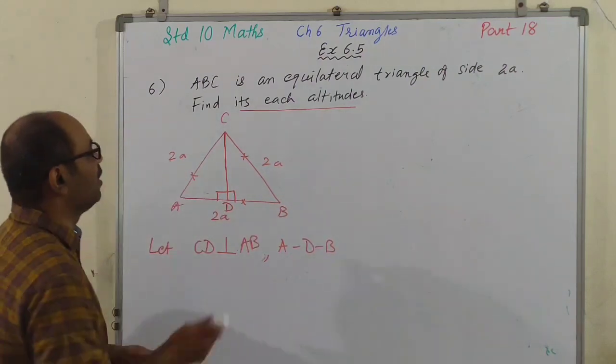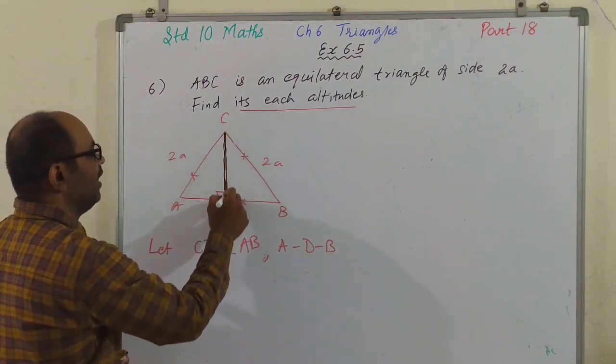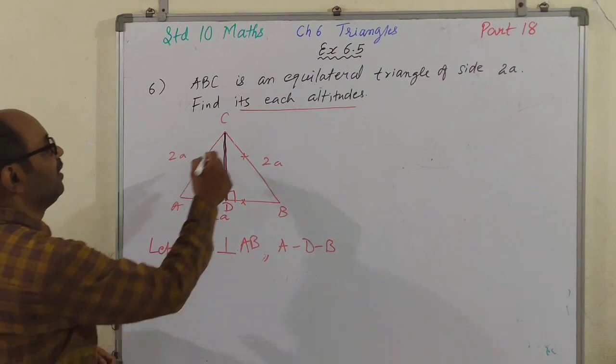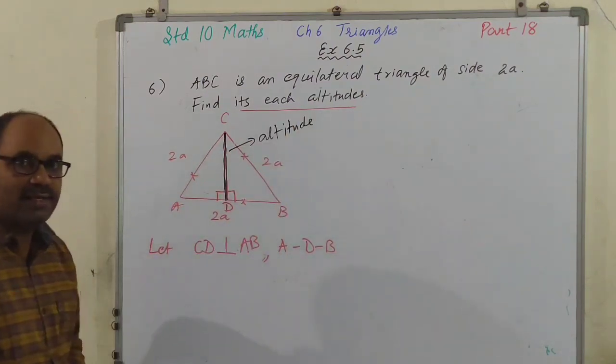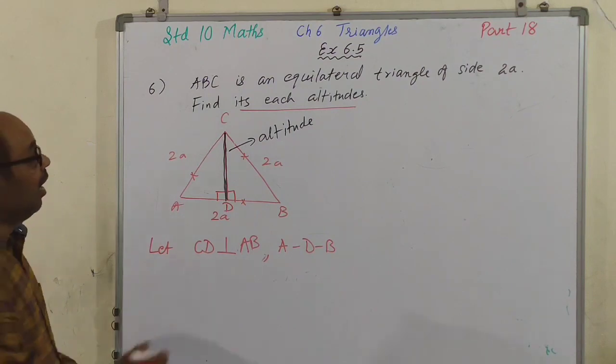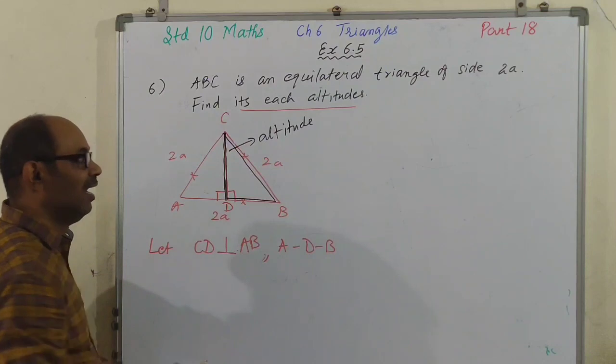Now I have to focus on this. I have to find this CD. ये altitude को मुझे ढूंढना है. Altitude ढूंढना है तो आपको right angle triangle मिल गया.